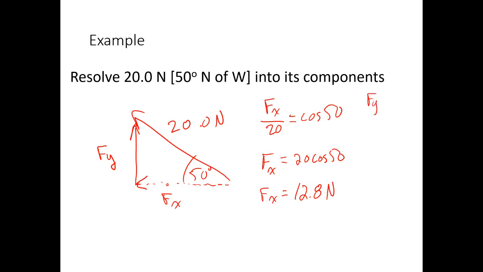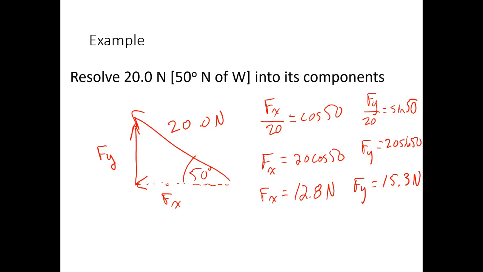Similarly, if we do Fy over the hypotenuse of 20, that is opposite over hypotenuse, or the sine of, not 30 degrees, 50 degrees. If we multiply both sides by 20, we can find that the force that's pulling in the y direction in this case is 15.3 newtons.